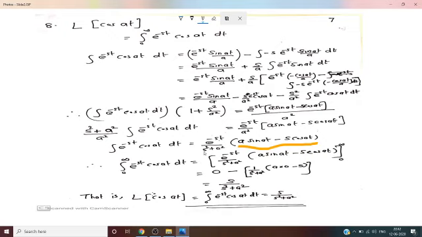Then first giving upper limit to t, we get e raised to minus infinity, 0, minus, when we give 0 to t, we get minus 1 by s square plus a square into a into 0 minus s, that is equal to s by s square plus a square. That is Laplace transform of cos a t equal to integral 0 to infinity e raised to minus st into cos a t dt equal to s by s square plus a square.